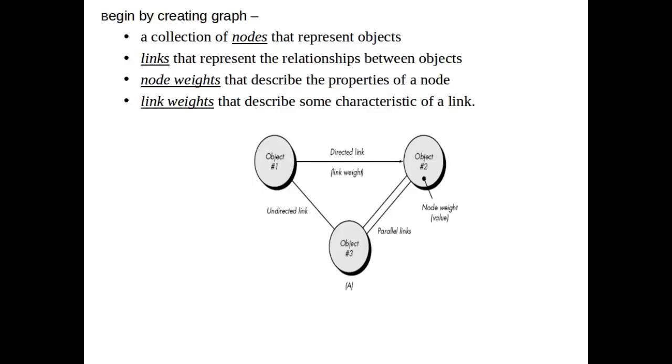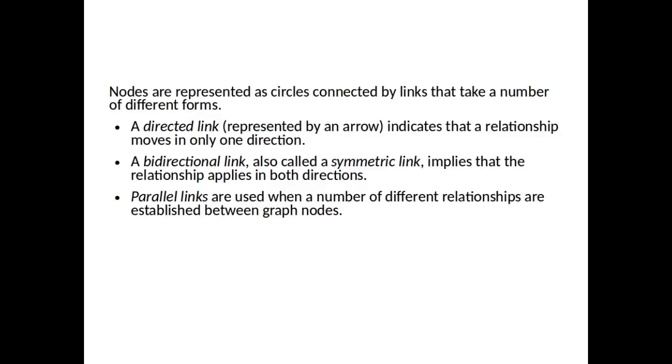A directed link, represented by an arrow, indicates that a relationship moves in only one direction. A bidirectional link, also called a symmetric link, implies that the relationship applies in both directions. Parallel links are used when a number of different relationships are established between graph nodes.